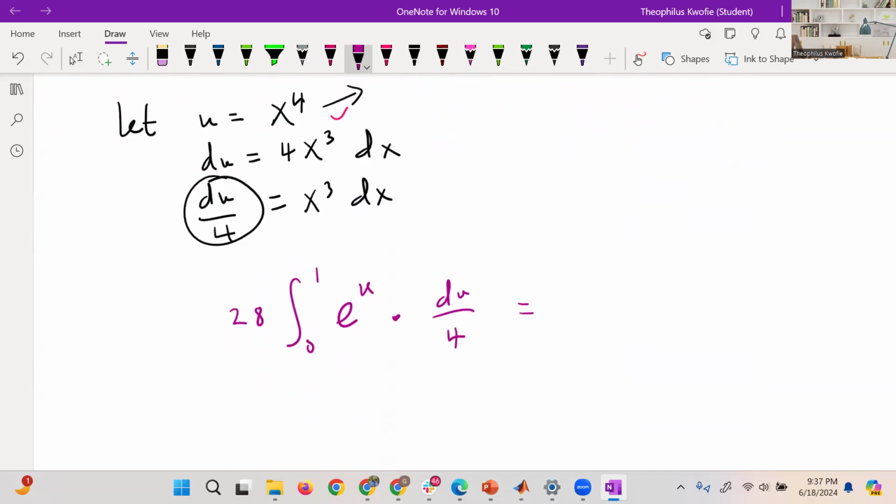So with that, we're going to have 28 on 4. What is 28 on 4? That is 7, right? So that is 7. So we have 7.